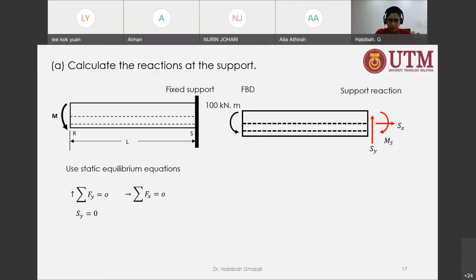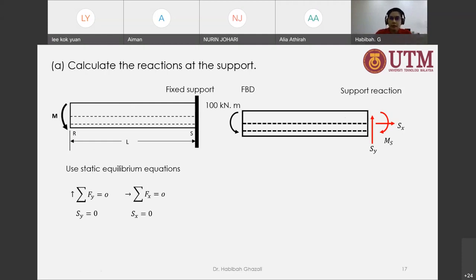The same thing happens here. There is no external force applied in the X direction, to the left or to the right, so the fixed support is not going to react in that axis. So that Sx is also equal to 0.